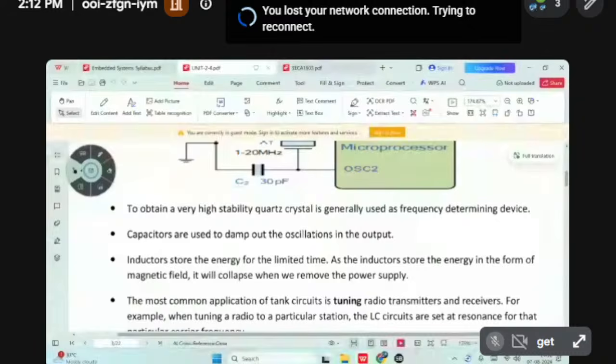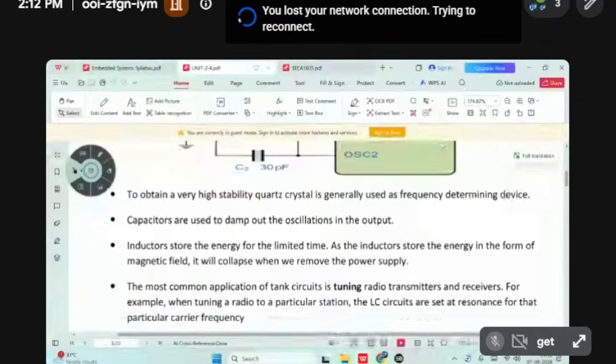As the inductor stores the energy in the form of a magnetic field, it will collapse whenever we remove the power supply. But in a capacitor, even though we remove the power supply, the charge will not be removed.